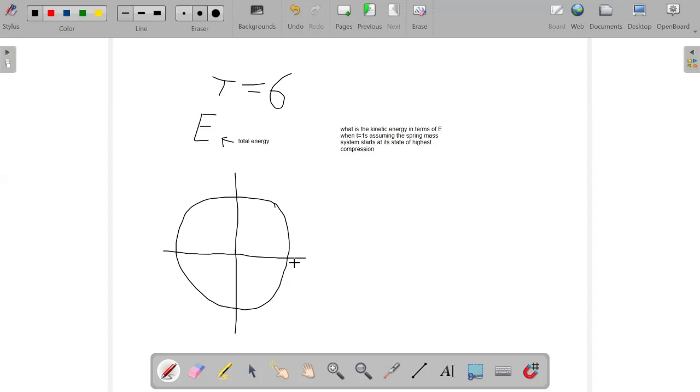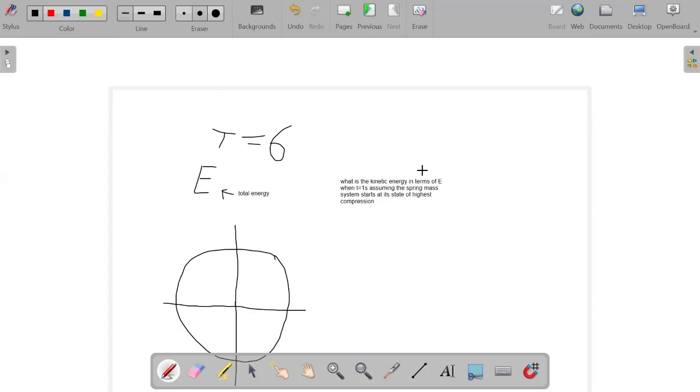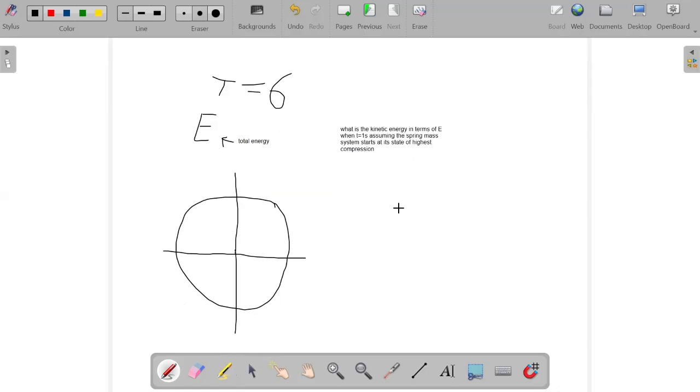Specifically, we know it starts most compressed, and that means we can use things like x equals a cosine of omega t.